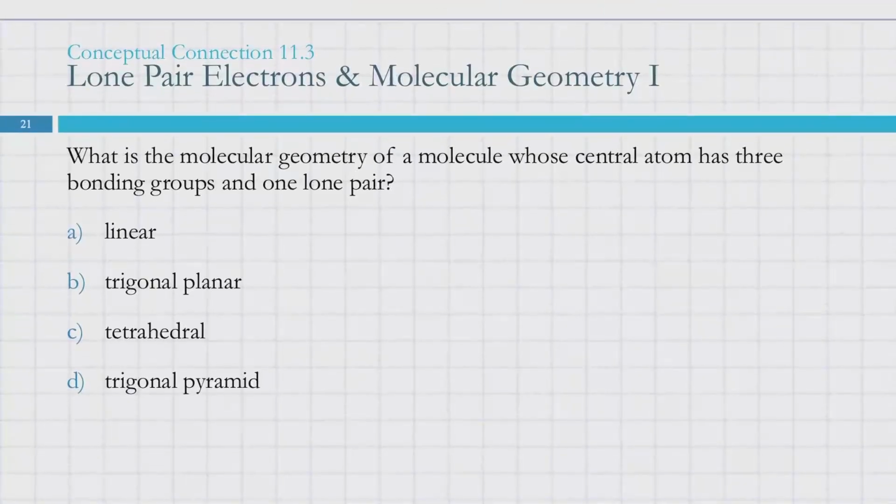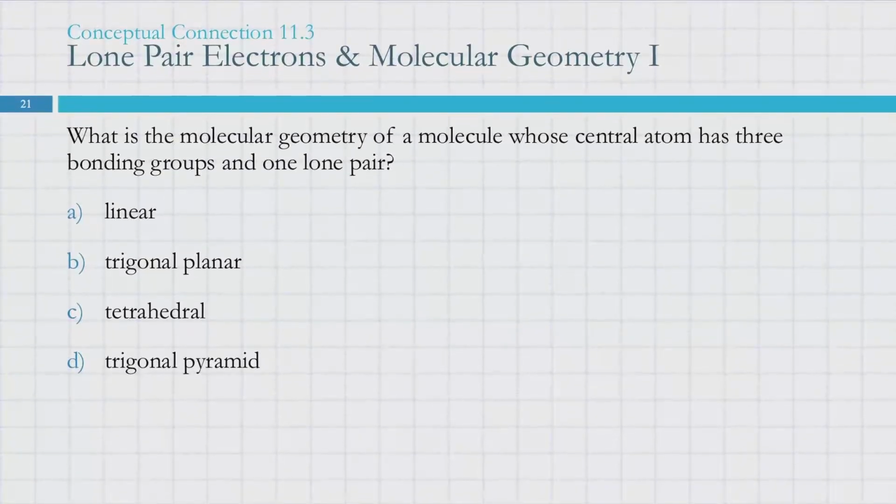Okay, what is the molecular geometry of a molecule whose central atom has 3 bonding groups and 1 lone pair? And that's all the groups. How many electron groups would we have for this molecule?